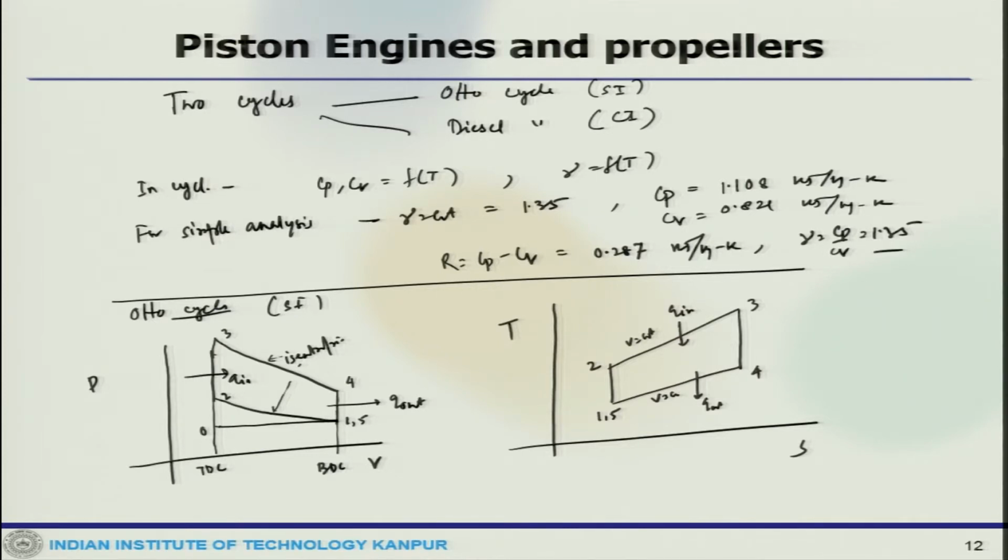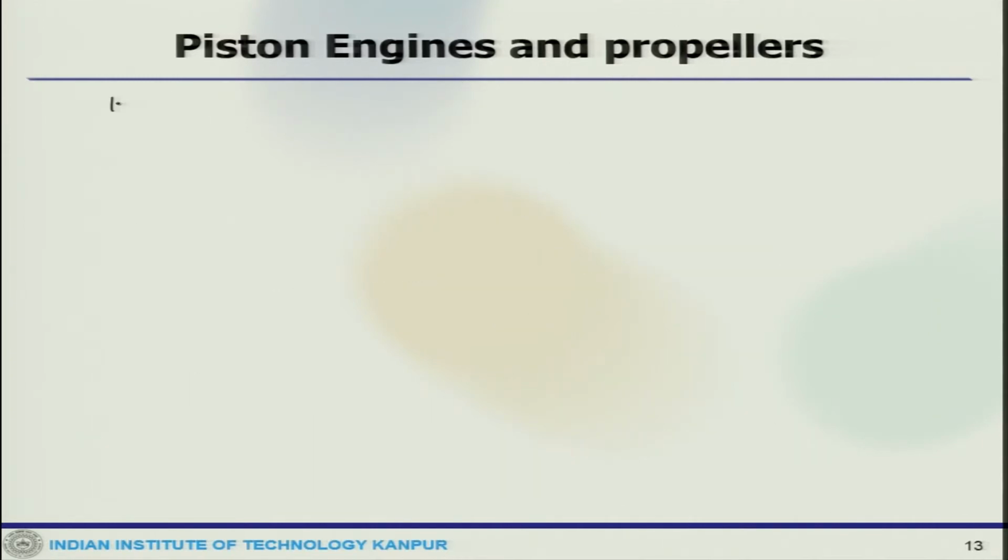Now, first between the 0 to 1 process, this is a constant pressure intake stroke, and the intake takes place at pressure P naught. With the intake valve open and the exhaust valve closed, the piston makes an intake stroke to draw a fresh charge, which could be a mixture of fuel and air for an SI engine, into the cylinder.